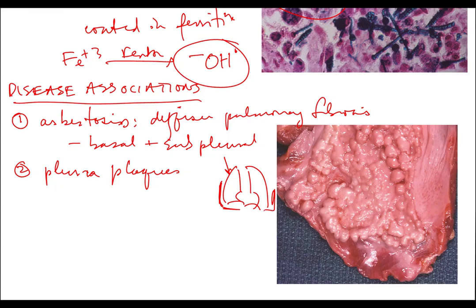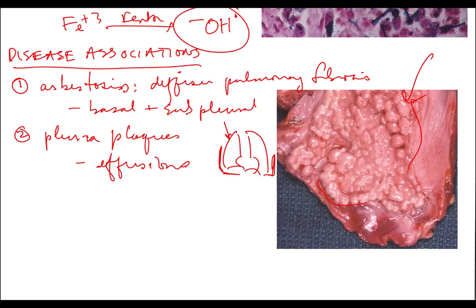So when you take a look at an X-ray, you're going to see these dense areas of fibrosis lining the lung, and this is what they look like here in the picture. They're these dense nodules with these sharp edges, and they're thick benign fibrosis. These are not precursors to mesothelioma, but clinically they may be associated with effusions, so they can be symptomatic, but not because they're going on to form a malignancy.